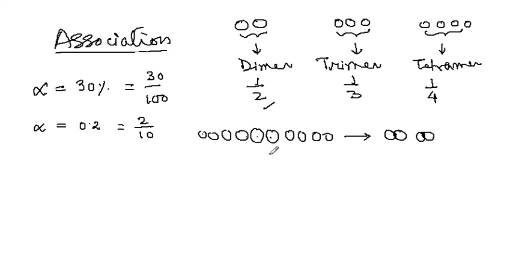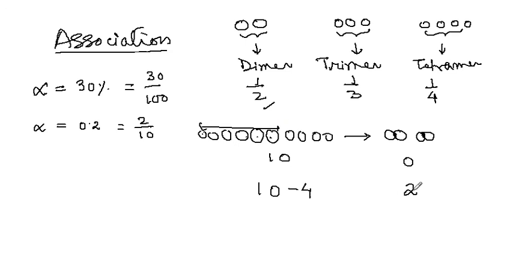So earlier we had 10 cookies and we have dimerized 2 cookies. The number of cookies which didn't dimerize or associate would be 10 minus 4, because we had 10 and 6 will be left.